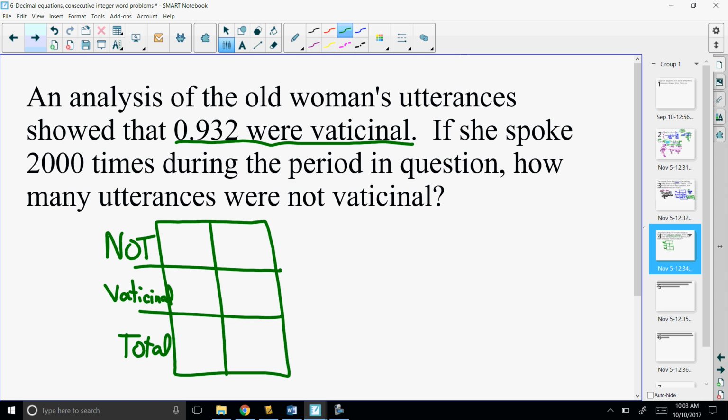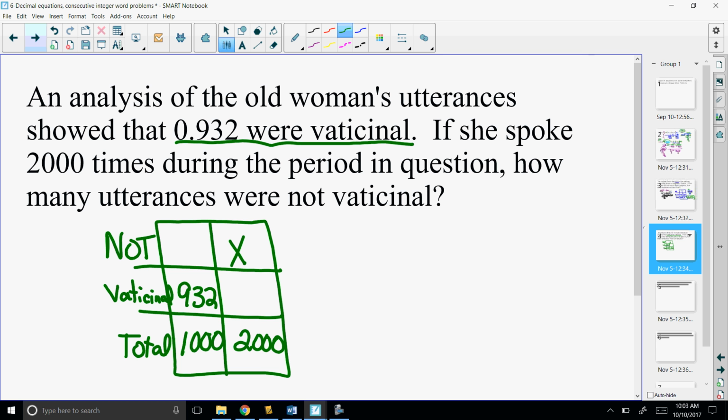How do I show that in my box diagram? 932, I want that in the vaticinal, right? Out of 1,000. If she spoke 2,000 times during the period in question, what's 2,000 referring to? The total.